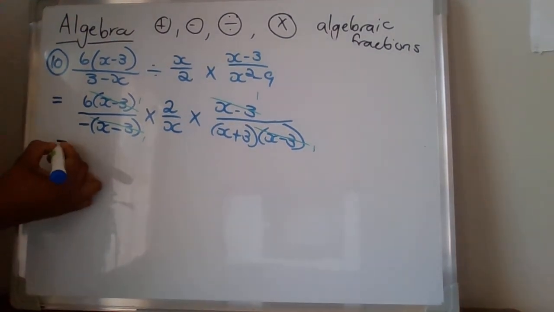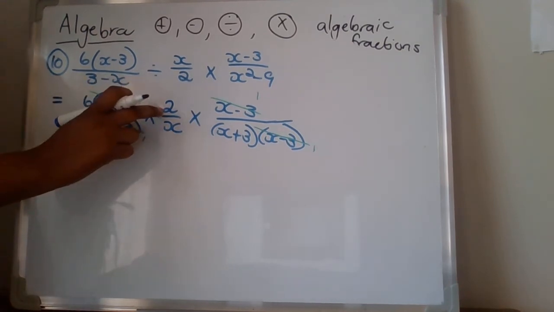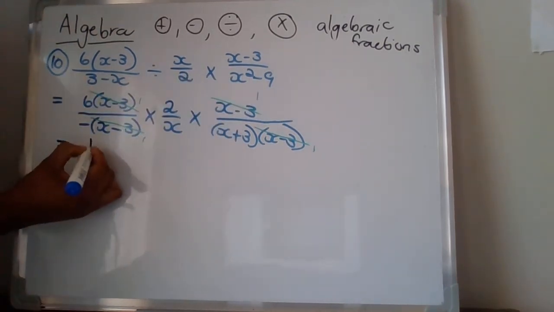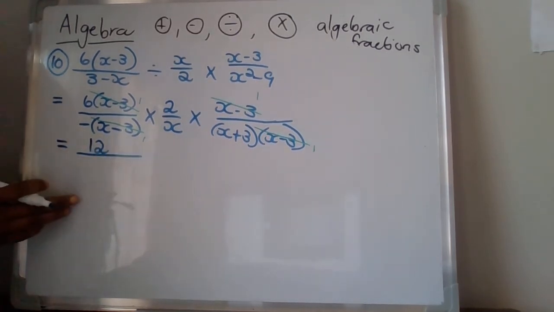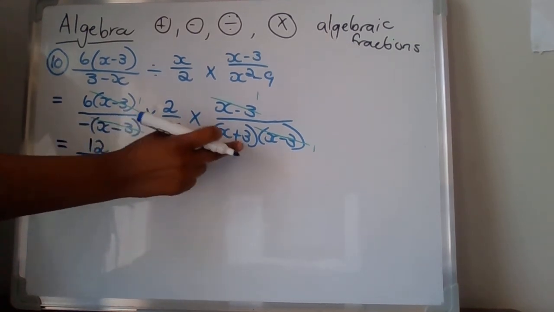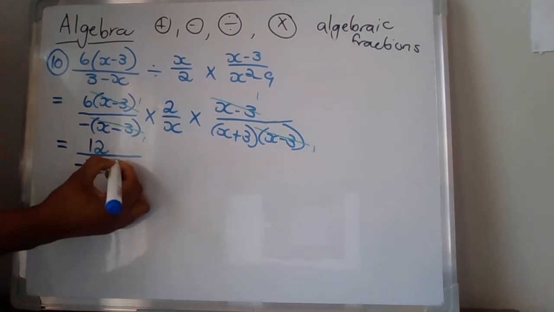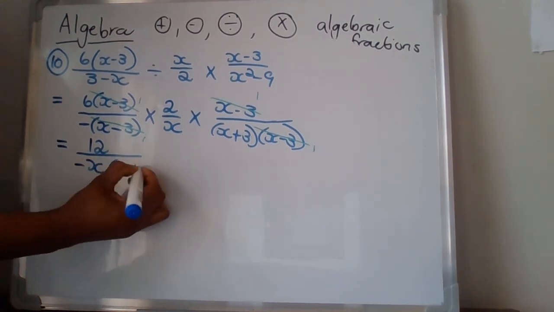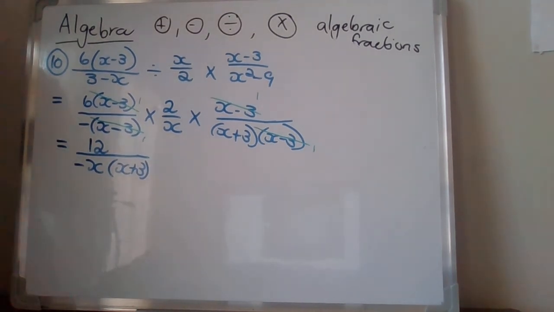So here at the top I have 6 times 1 times 2 times 1, which equals 12. Then here at the bottom I have negative 1 times x plus 3. So then I'm left with minus x times x plus 3. Can I simplify it further? No, I can't, and therefore this is my final answer.